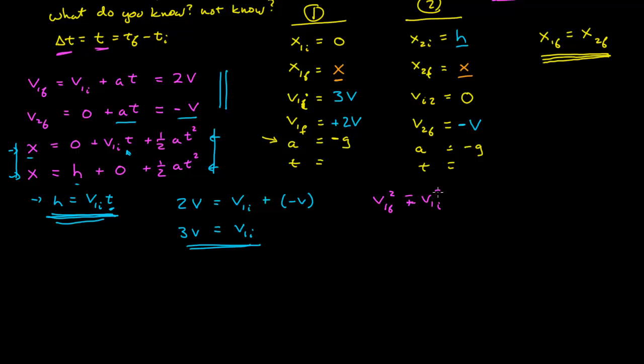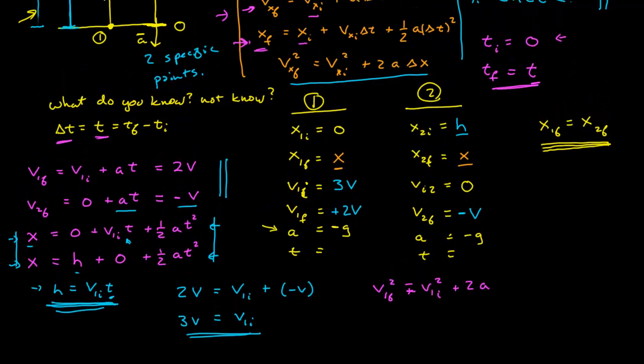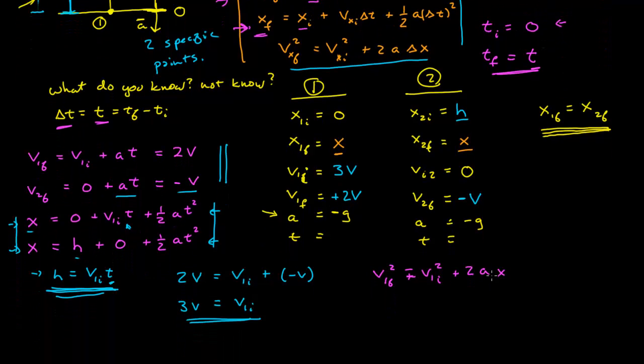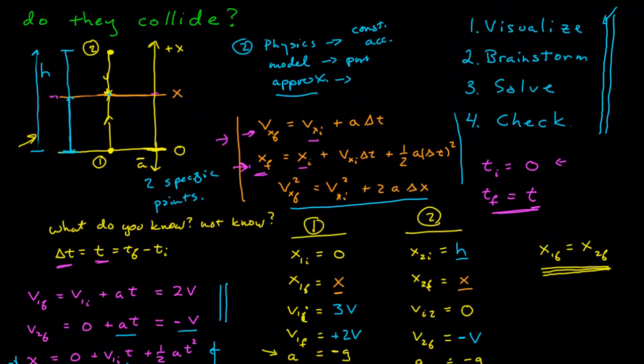Our third expression says that our final velocity squared for 1 is equal to our initial velocity squared plus 2 times a times the position difference for particle 1. And the displacement is x minus 0, so that's just x. And our final velocity squared for 2 is equal to the initial velocity, which is 0, plus twice the acceleration times its displacement.